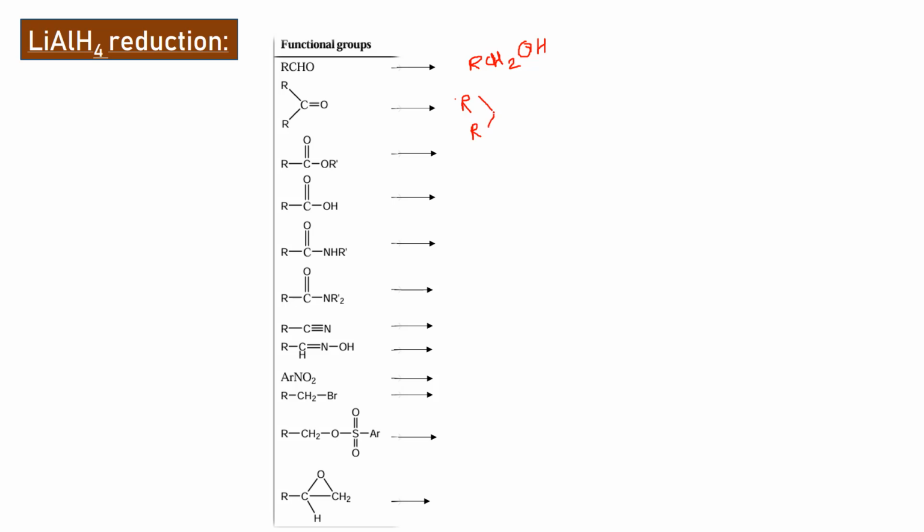So if you add ketone to LiAlH4, you will get a secondary alcohol. If you add ester, you will again get a primary alcohol. Acid also gives a primary alcohol. Amide will give a primary amine.